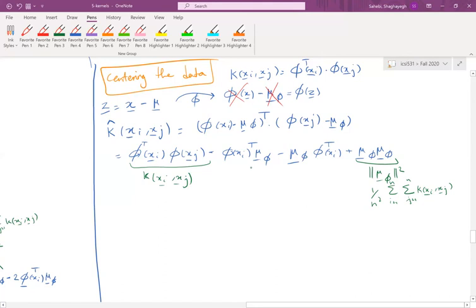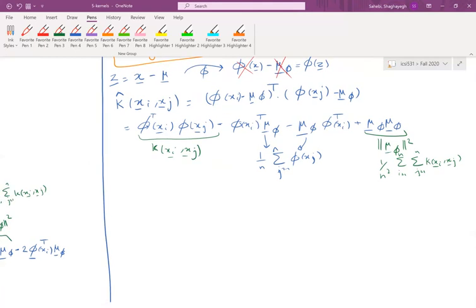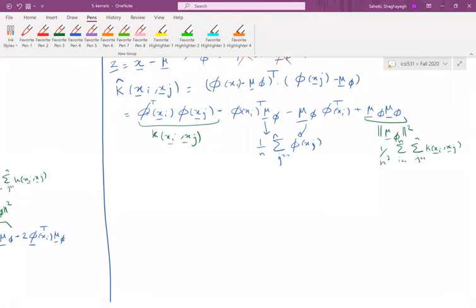Again, what we can do for these two is to rewrite mu phi as 1 over n sigma phi of xi, i equals 1 to n, right? Or j, doesn't matter. So if we actually do that and open everything and do the algebra magic, we will get to this.